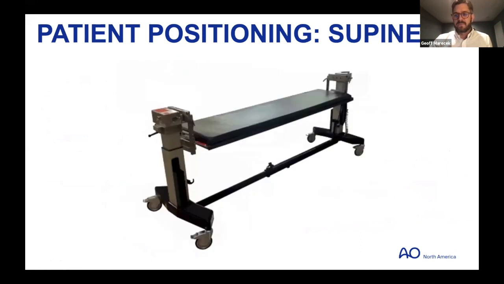So my preferred position is supine, radiolucent Jackson table. Every member of the operating room team, no matter if they do orthopedics or not, they're all familiar with this table. They don't need to do anything. We bring it in the room, and the surgery team does everything. I prefer to have the leg free, unencumbered access, and I'm in control of the leg and applying traction and any manipulative maneuvers.